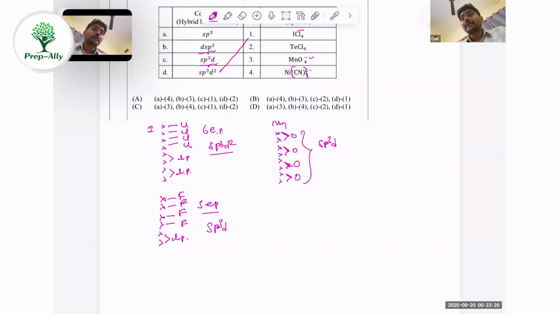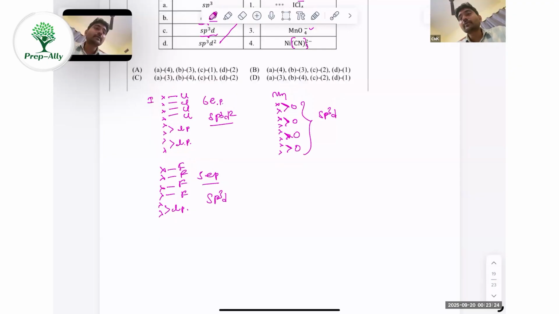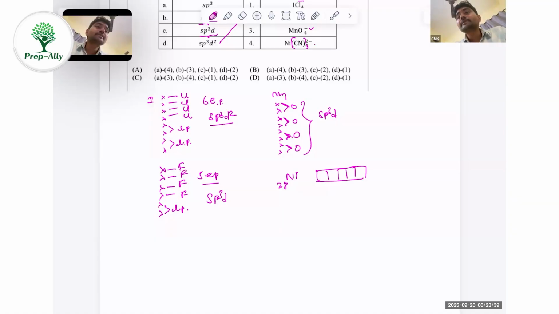So 5 electron pairs means the hybridization should be sp3d. Now Ni(CN)4 2 minus. Nickel has atomic number 28, and its electronic configuration is 3d8 4s2. But in which oxidation state is nickel here? Nickel plus 4 times minus 1 equals minus 2, so nickel is in the plus 2 oxidation state.